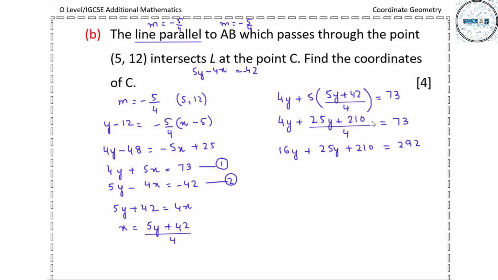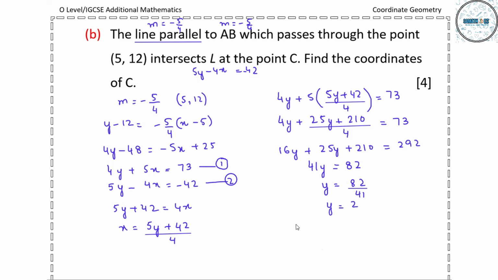When you multiply this by 4, the 4 and 4 would be cancelled out. Now 16y plus 25y is 41y, which is equal to 292 minus 210, which is 82. So y is equal to 82 divided by 41. Y is equal to 2.